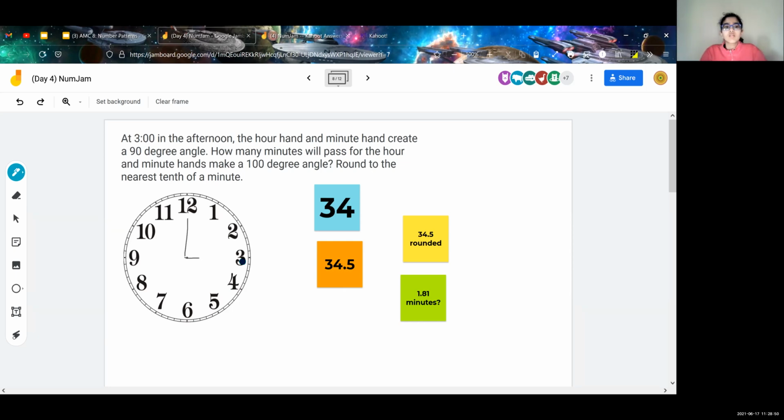So it's 90 degrees right now, and we want to get it to 100. So we do 190 over 5.5. And the answer that you should get is 34.5454. So 34.5 is correct.